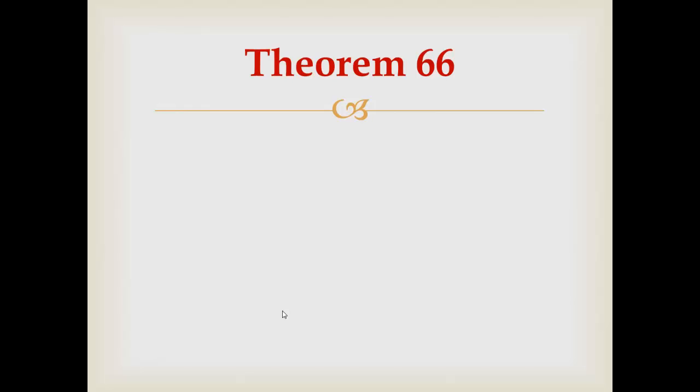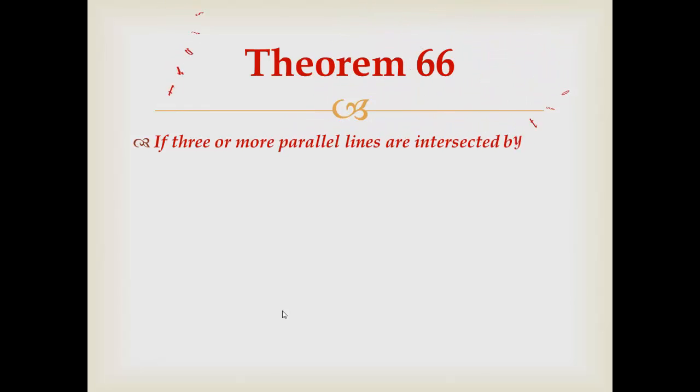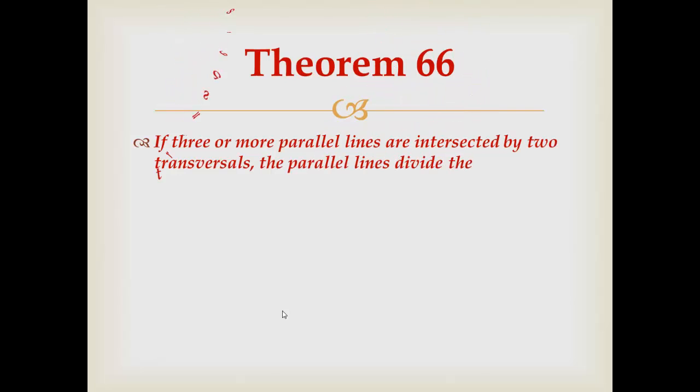Theorem 66 states the following. If 3 or more parallel lines are intersected by 2 transversals, the parallel lines divide the transversals proportionally. Notice the reoccurring theme.